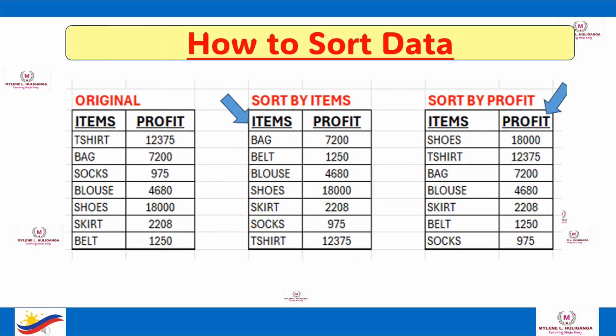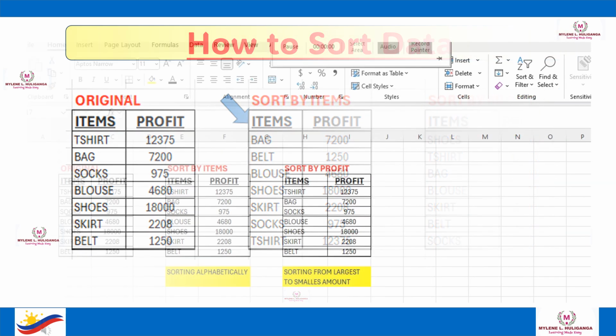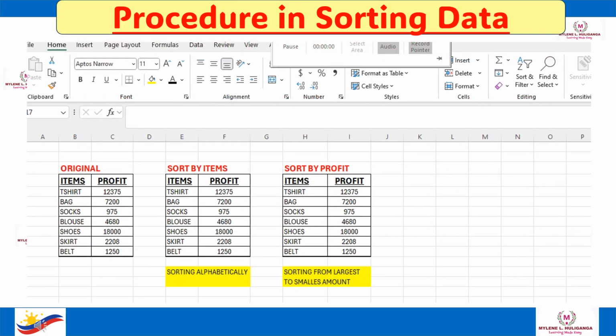Here is an example of sorting data by item. Arrange alphabetically, and by profit arrange from largest amount to smallest amount. This is how to do it.